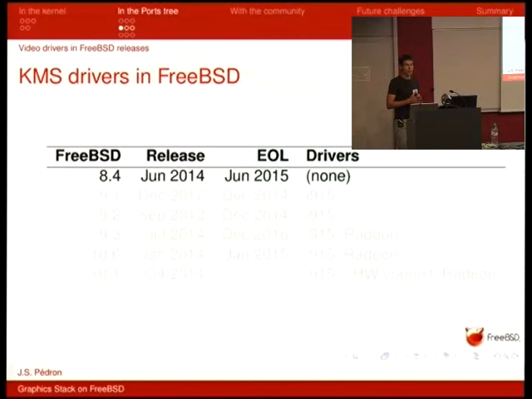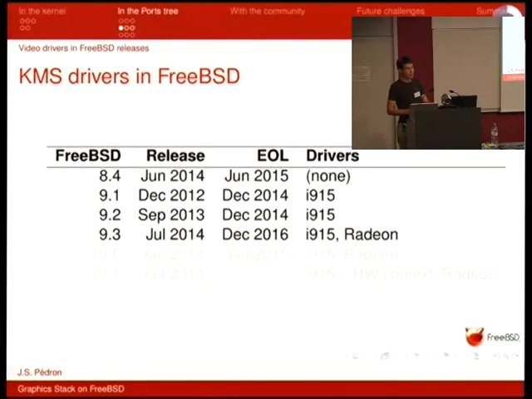Okay, let me sum up what I said earlier about FreeBSD releases and what they support in the following table. FreeBSD 8 has no KMS drivers at all, and it's still supported until June 2015. FreeBSD 9 gained first the Intel drivers, then the Radeon driver.